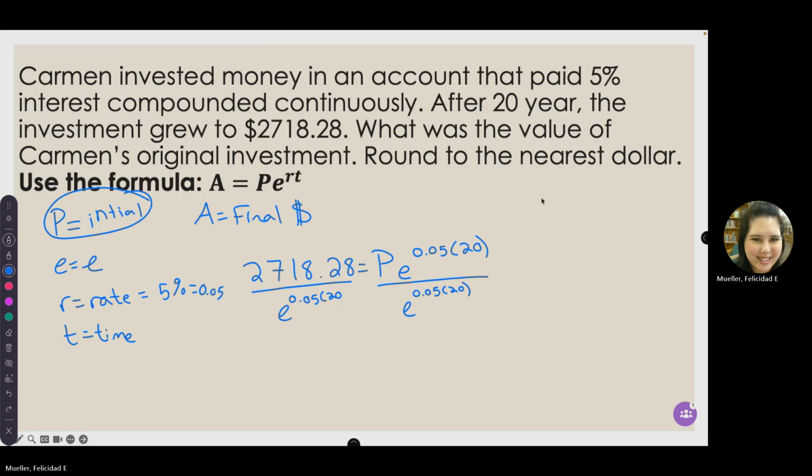So P is 2718.28 over E to the 0.05 times 20.